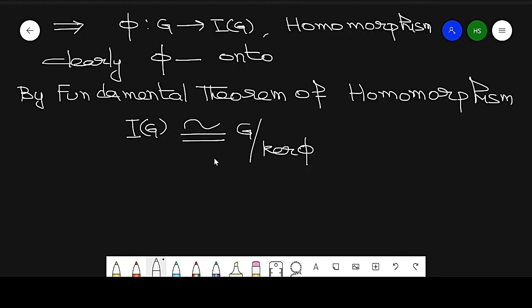So this is G by kernel of phi. If I prove that the kernel is the center of G, then I prove my result.